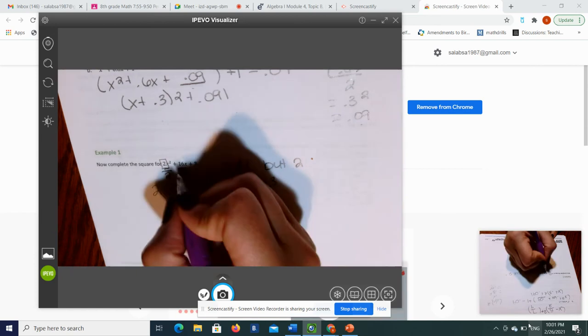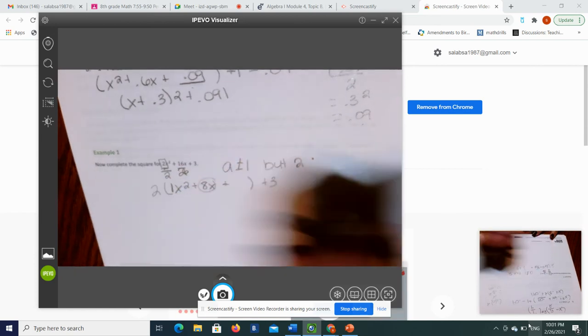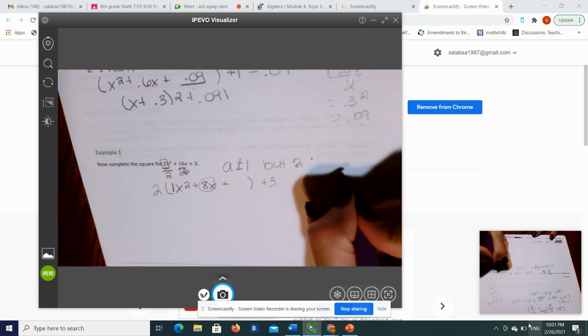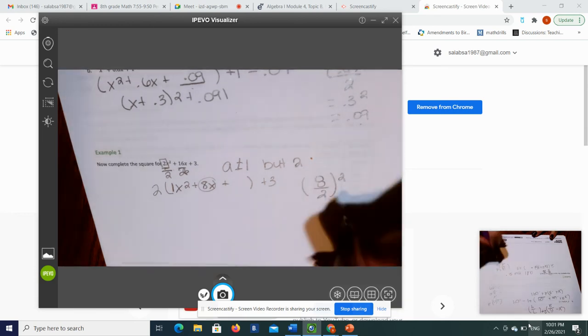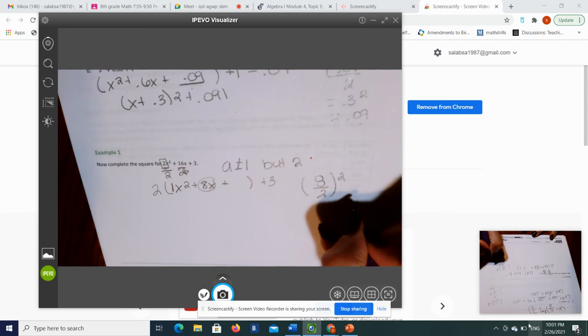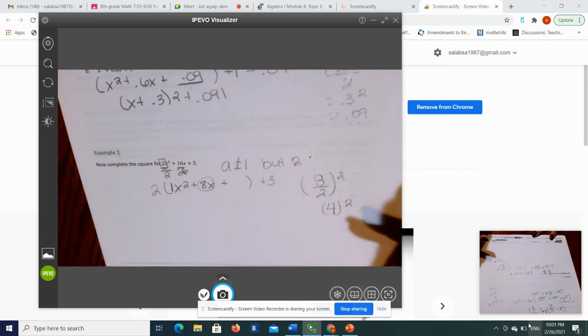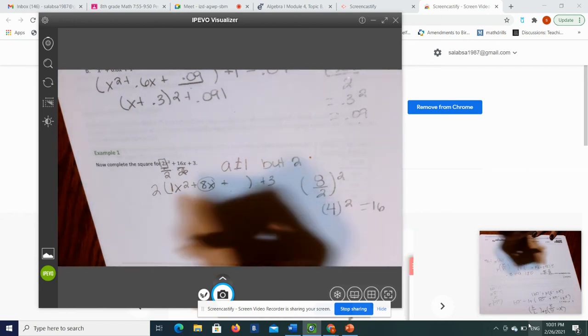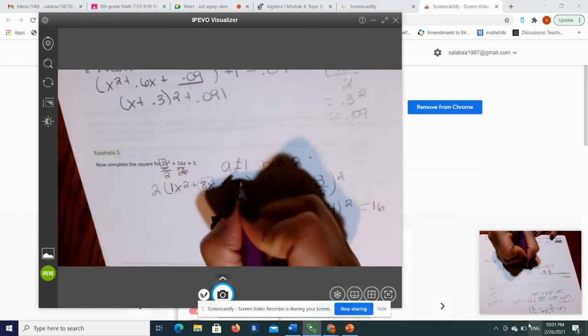And then now we're going to take our b, which is right here, 8 over 2 squared. So 8 divided by 2 gives you 4. 4 squared is 16. But I'm not going to put 16 here. I'm going to leave it as 4 squared.